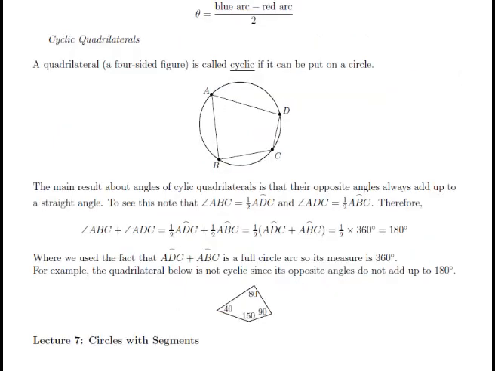One last rule for this lesson, that is cyclic quadrilaterals. The idea is if you circumscribe any kind of a quadrilateral, it doesn't have to be a parallelogram, rhombus, square, trapezoid, it doesn't have to be any of those things. In fact, I don't know if you can do a trapezoid in a circle, I guess it might be.